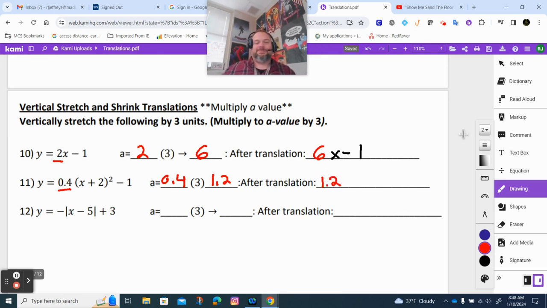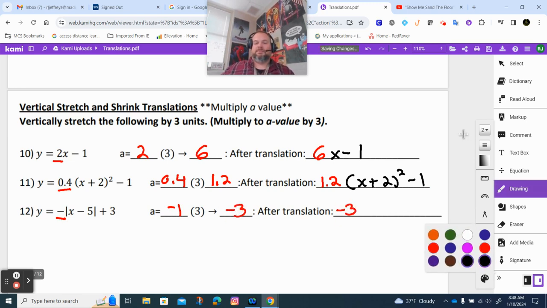I'm sorry. Yeah, you're just multiplying it. I forgot the arrow right there for some odd reason. Okay. This is -1. -1 times 3 is -3.